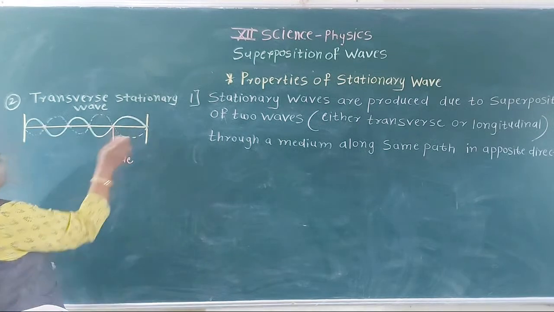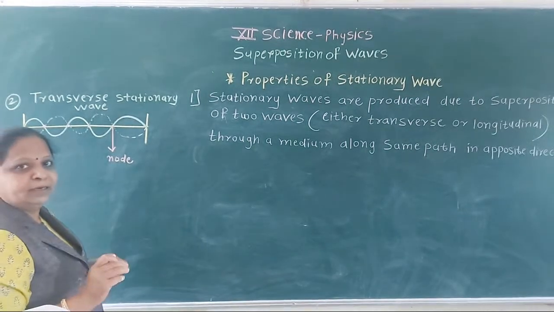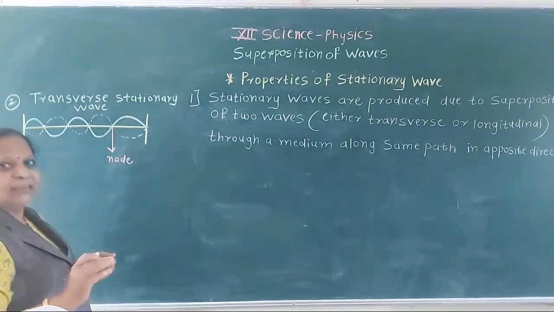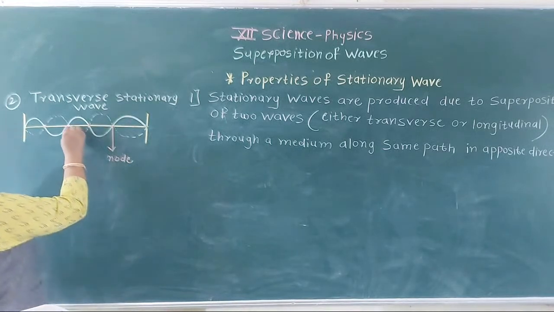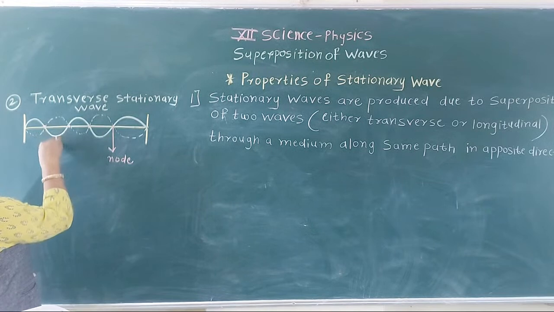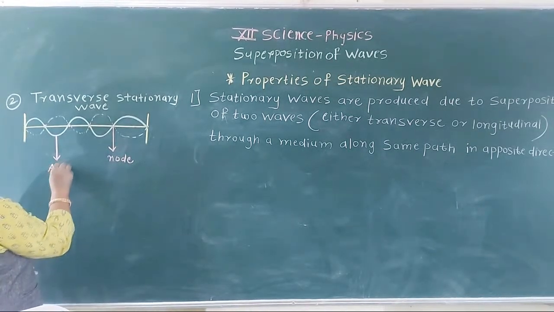And you can observe this diagram. There are some points where the particles oscillate with maximum amplitude. So, at this point the particle oscillates with maximum amplitude. So, this point is antinode.